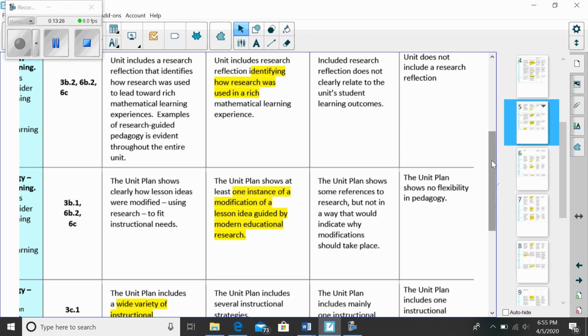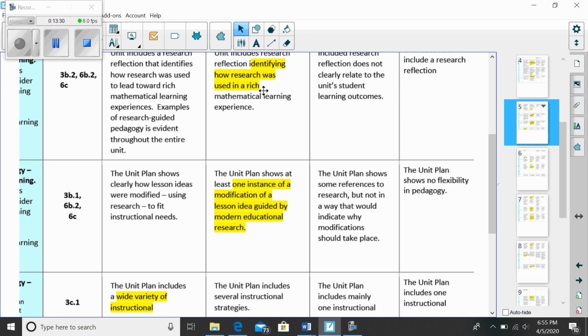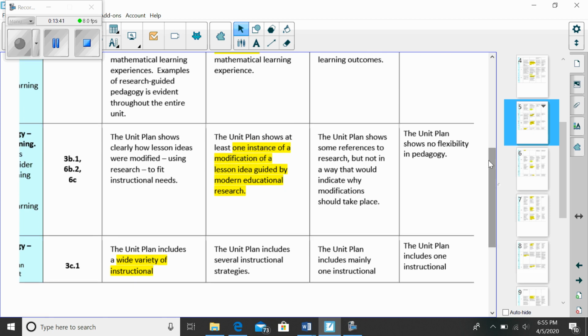Because here's a place where it's basically saying, can you identify research that's relevant to your unit plan? But this one is actually asking you to say, because of what I read in this article, I changed my lesson.